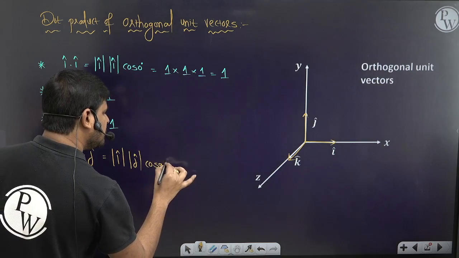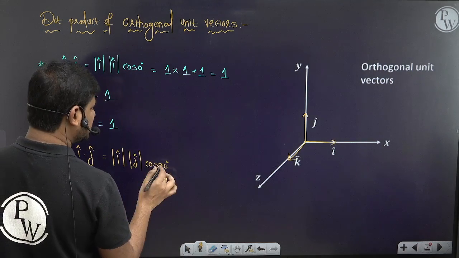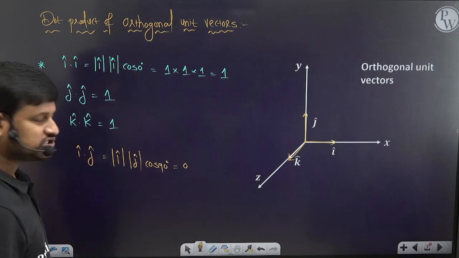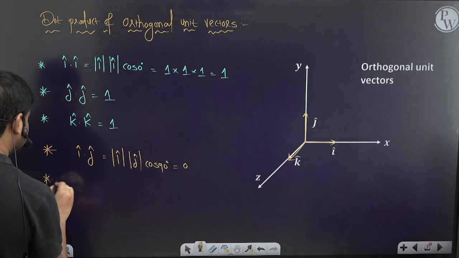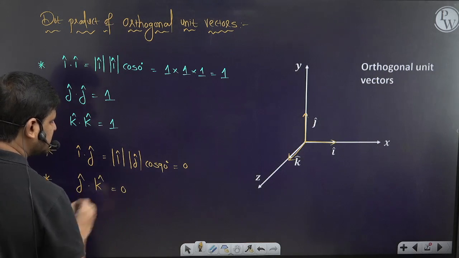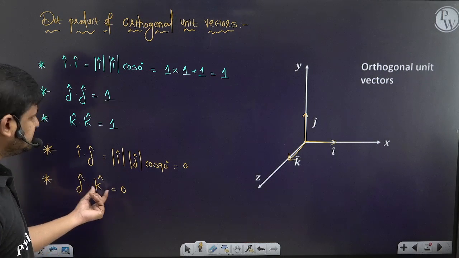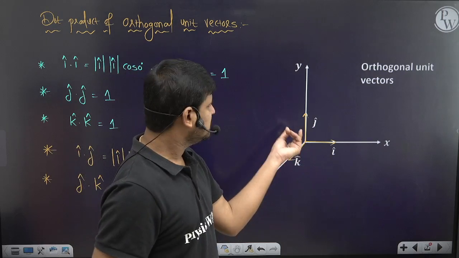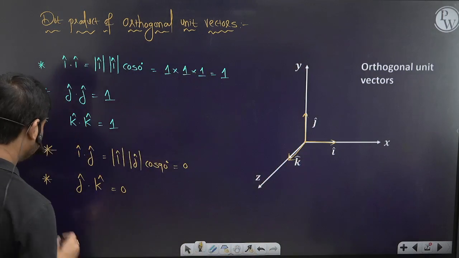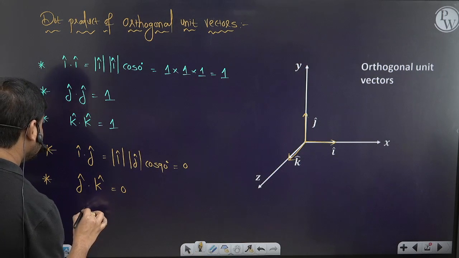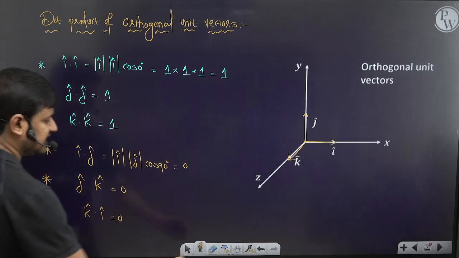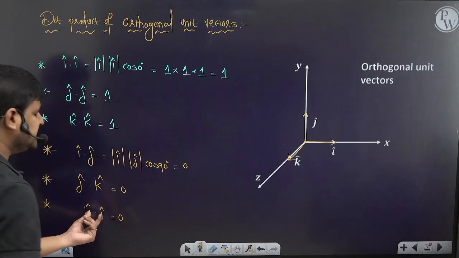We know that cos 90 degrees is 0. So 0 into something is 0. Therefore i dot j is equal to 0. Similarly, j dot k will be equal to 0, because j is in y and k is in z, so they are perpendicular again. And similarly, k dot i is also 0, because k is in the z direction and i is in the x direction.